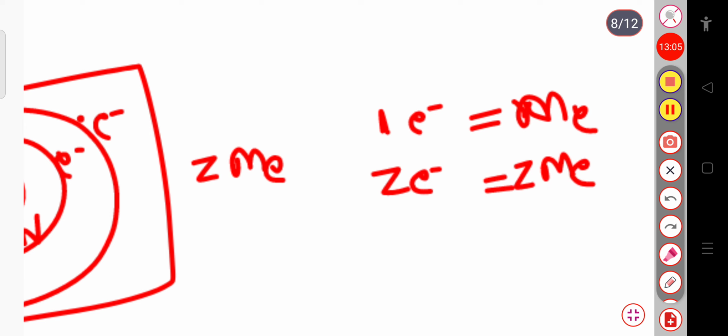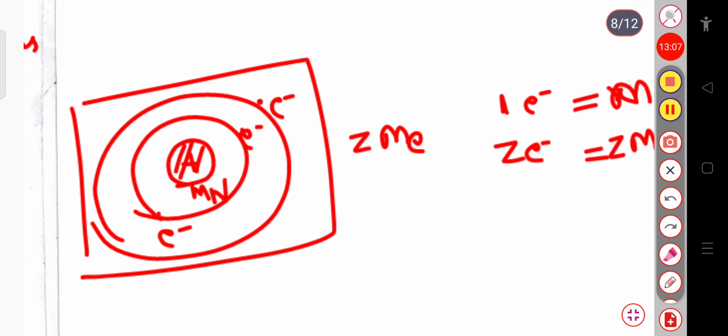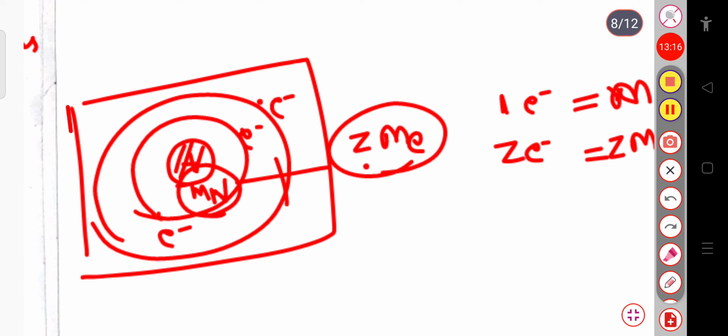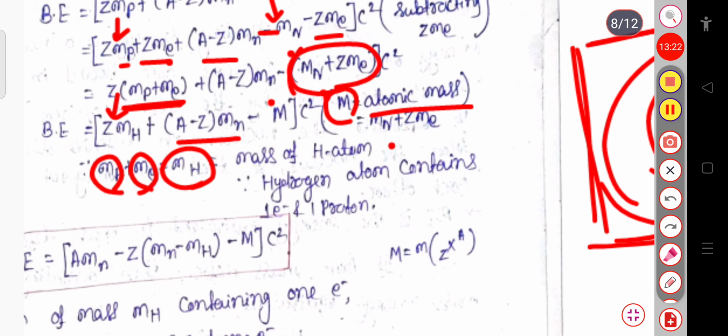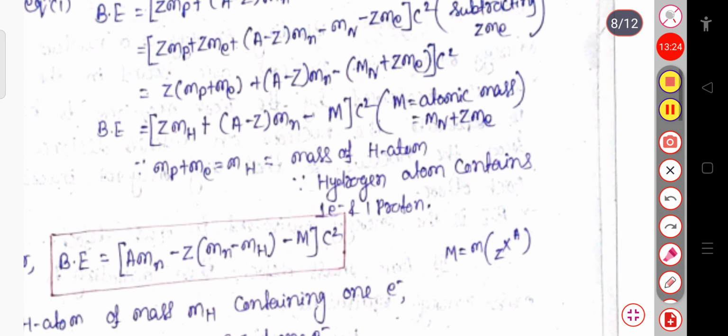Now if I add the mass of the nucleus with ZMe, I get the total mass of the atom. So this is your capital M, the atomic mass.